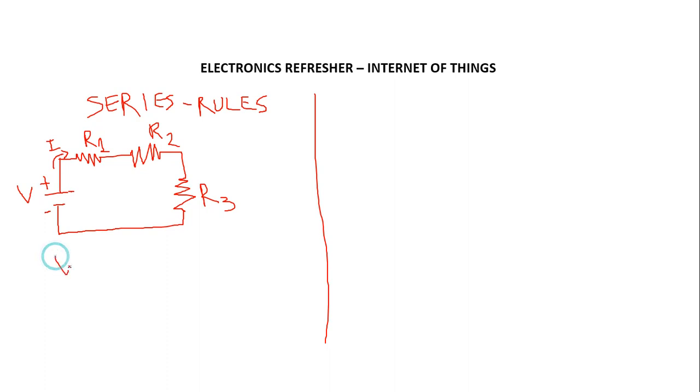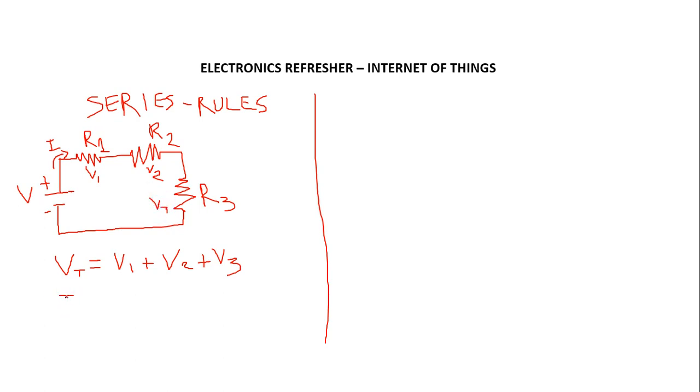Well, the rules for the voltage: the total voltage is going to be equal to the voltage in resistor 1 plus the voltage in resistor 2 plus the voltage in resistor 3. So here we're going to have our voltage 1, our voltage 2, and our voltage 3.